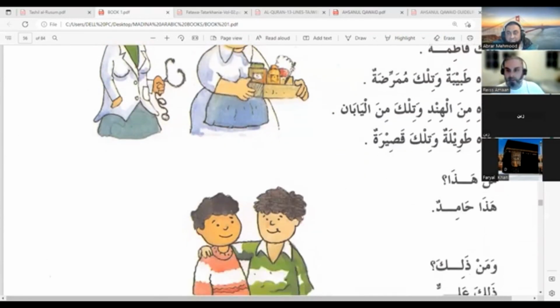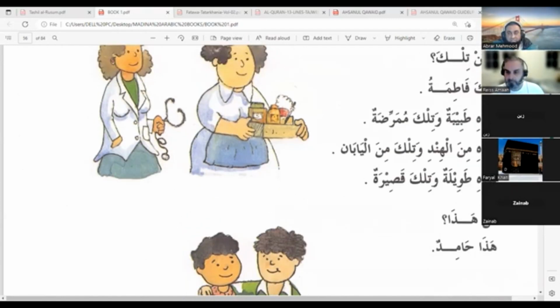Sister Zainab, please go to the next 2 lines and translate. Hazihi tabibatun wa tilka mumarridatun. This is a doctor and tilka.